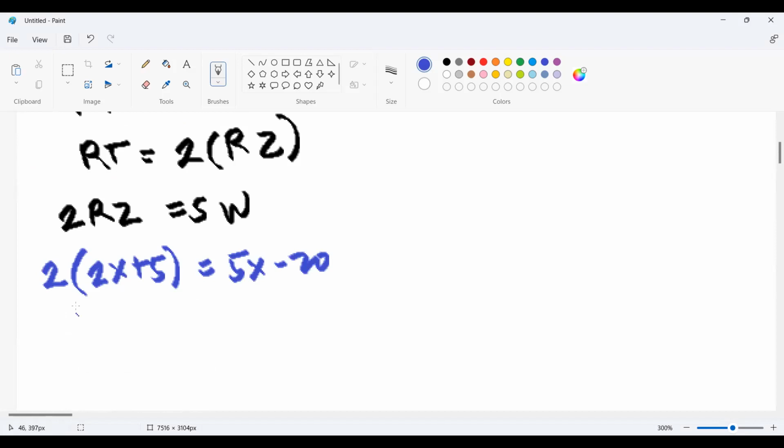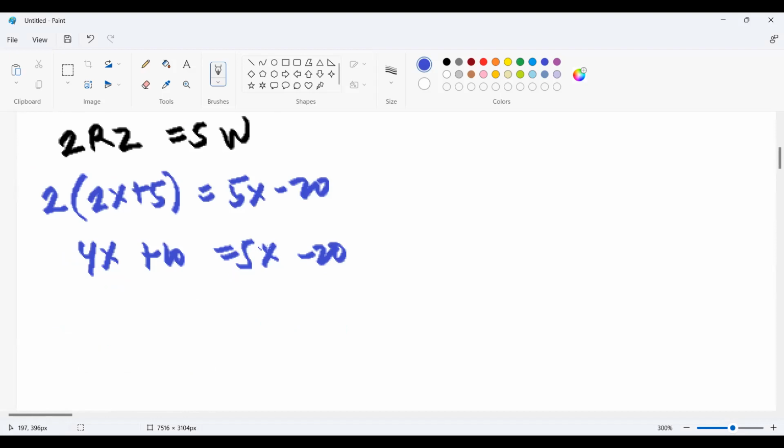Then we apply the distribution property, which gives 4x plus 10 equal to 5x minus 20. Then we group all the terms containing x. Since 5x is greater than 4x, I am going to stay with the positive: 5x minus 4x, and that becomes 30 equal to x.